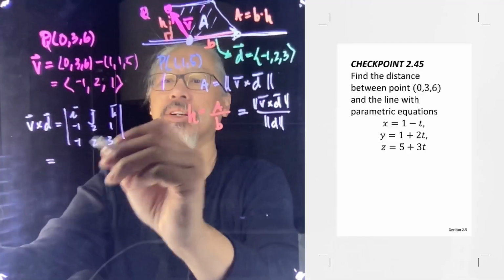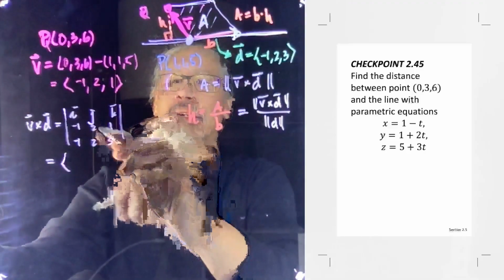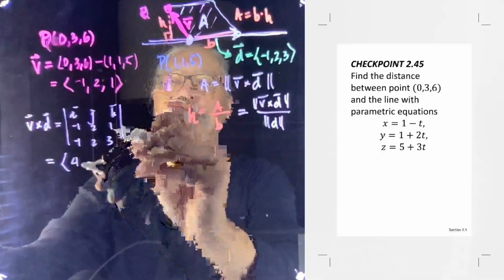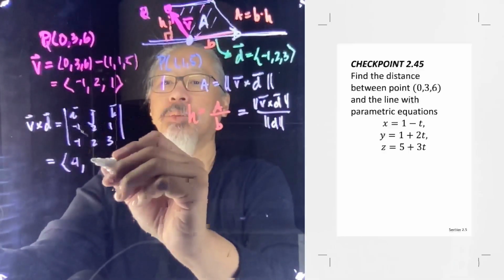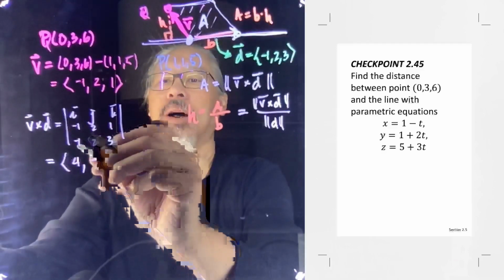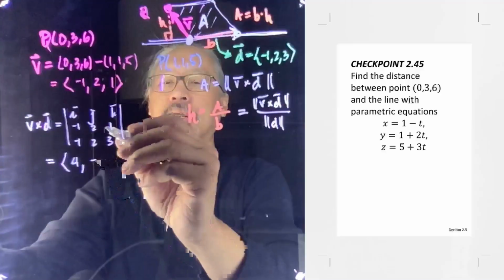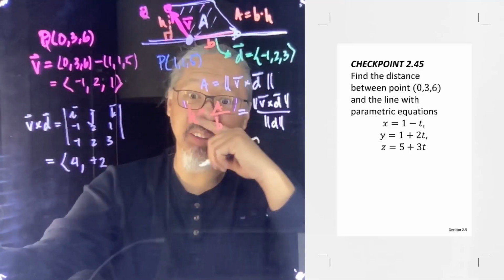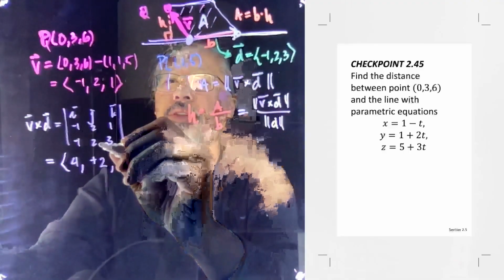In the i direction, it's going to be 6 minus 2 times 1, which is 4. In the j direction, it'll be negative 3 minus negative 1, so it's negative 3 plus 1. But then there's a negative. And then in the k direction, it's negative 2.